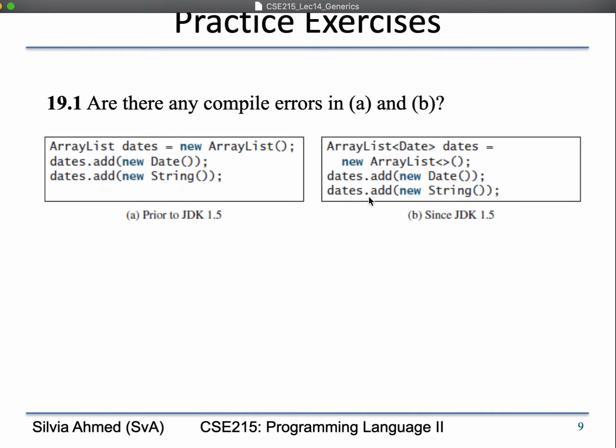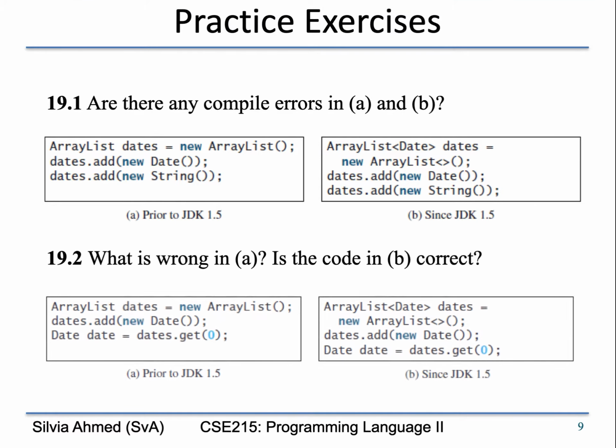But when we try to add the string object, it will give us a compile error, because now the array list for this particular problem has the parameter type Date, which does not match with our passed type here. So the answer is in B there is a compile error, and that's what we want. We want to detect the error at compile time.